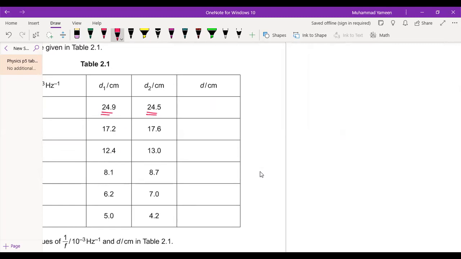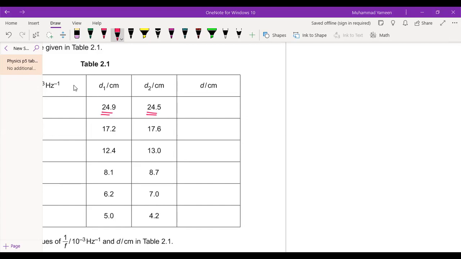The average of these two, if you find the middle value, what should be the answer? Let me do 24.9 plus the other value, 24.5, divided by 2.